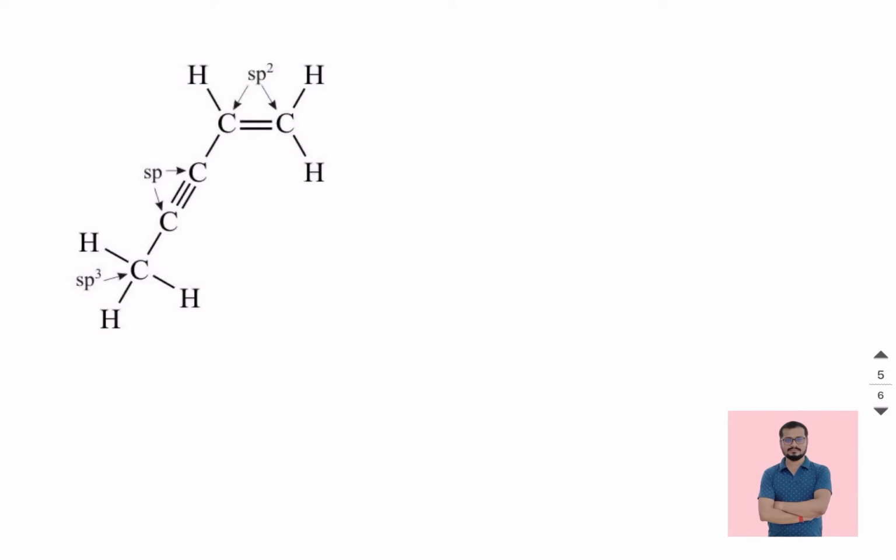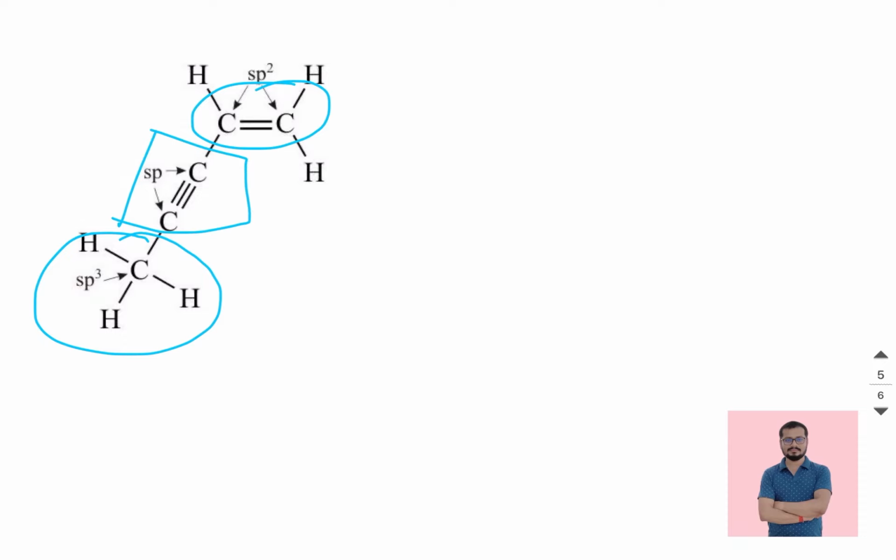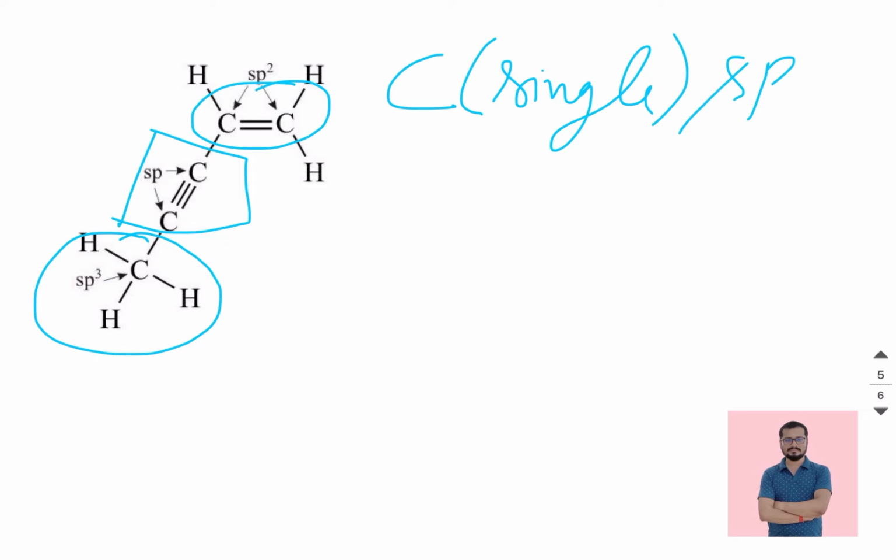In this given example, this carbon has only sigma bonds around, so it has sp3 hybridization. For these carbons, both have a double bond around, so they have sp2 hybridization. This carbon has a triple bond around, so it has sp hybridization. So simply, if carbon has only single bonds around, it has sp3 hybridization.